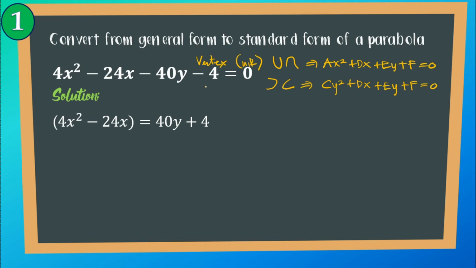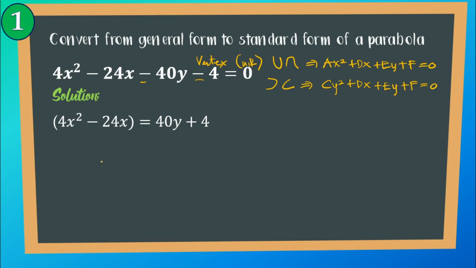We can add 40y and 4 to both sides. So, shortcut lang nito. Shortcut lang, gagawin natin. So, i-move lang natin diretso. So, magiging 40y plus 4. Since yung signs nila is negative or minus. So, pag move natin sa right, maging positive na.